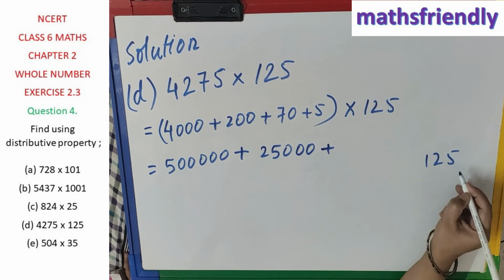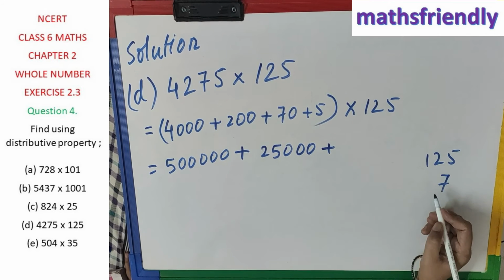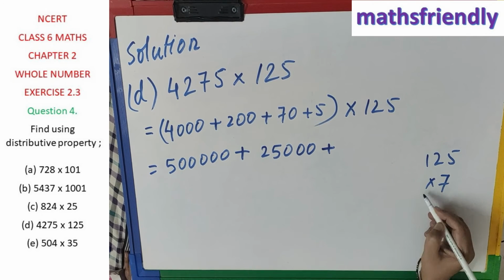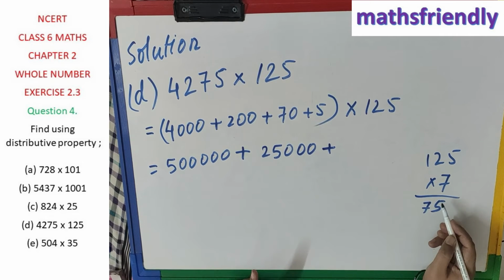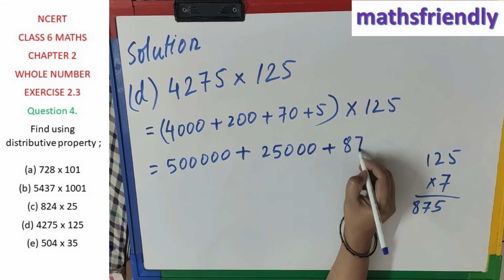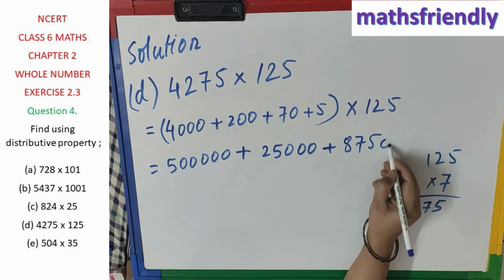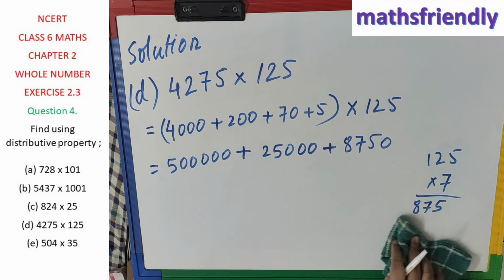So 125 multiplied by 7 we will do, and we will write 1 zero there. So 7 5s are 35, 3 carry, 7 2s are 14 plus 3 is 17, 1 carry, 7 1s are 7, 8. Okay, so 875 and this 0.